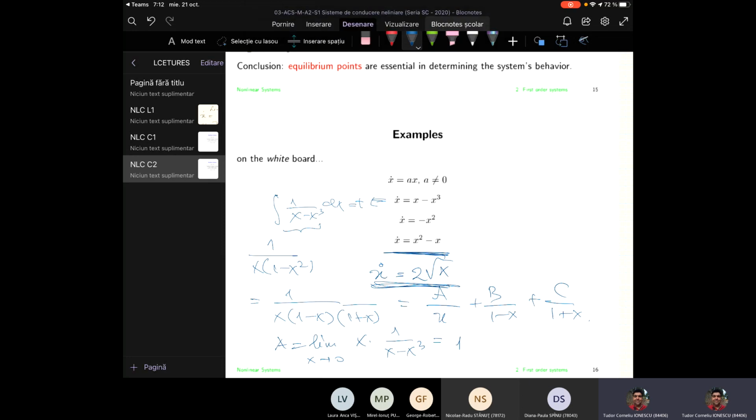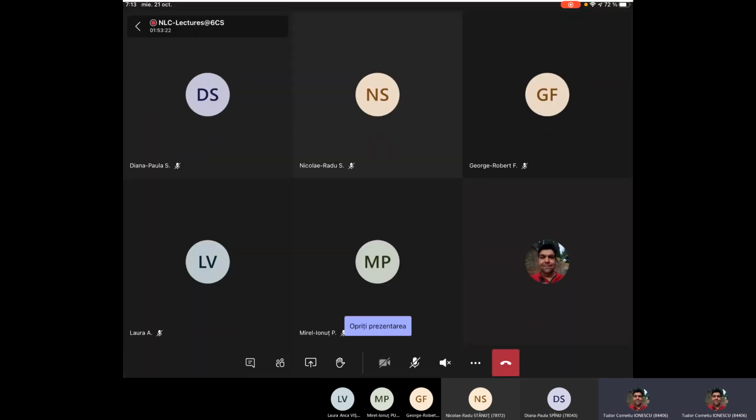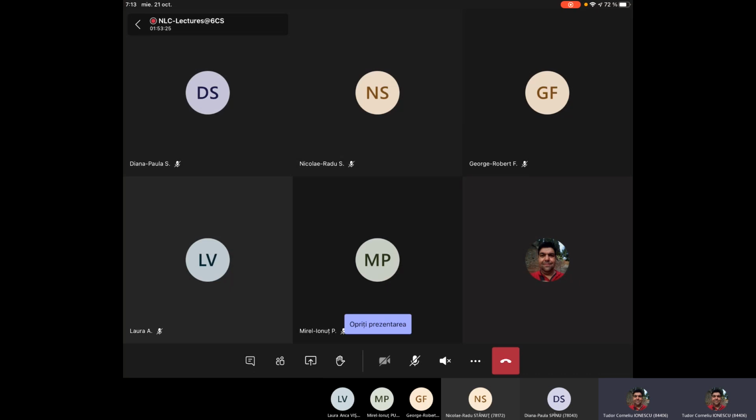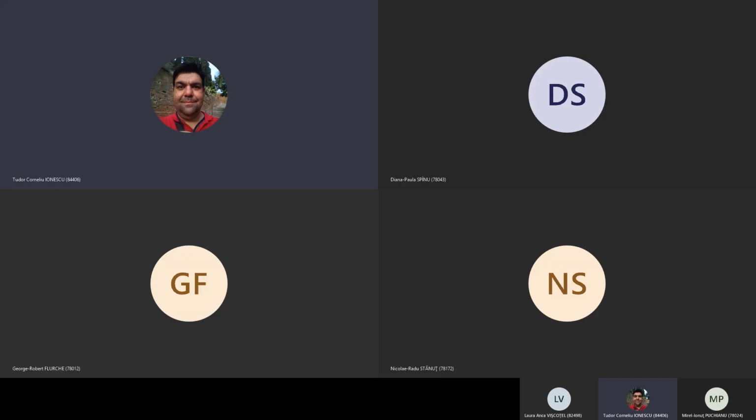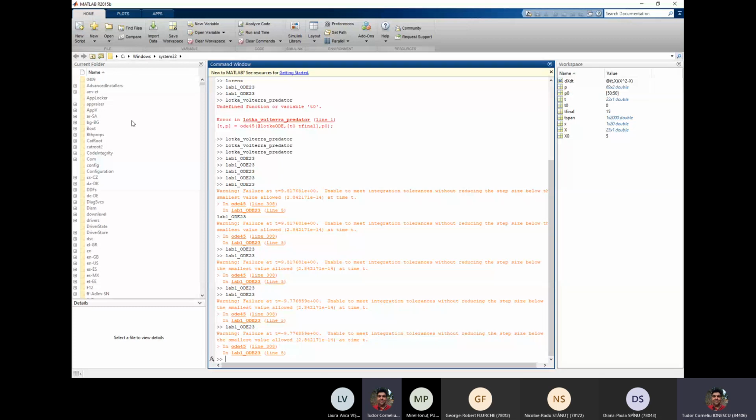But now I'm going to shut the screen here and go back to the screen of MATLAB, because I think MATLAB and Maple are more important at this point than the other ones.